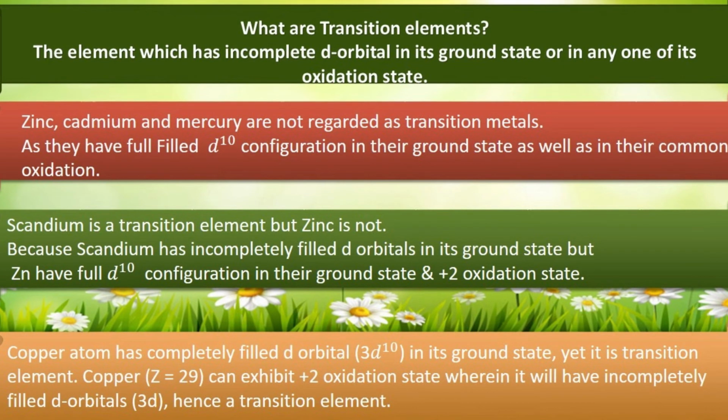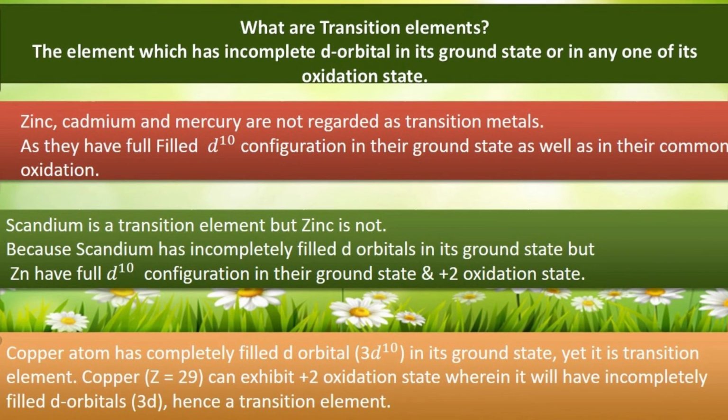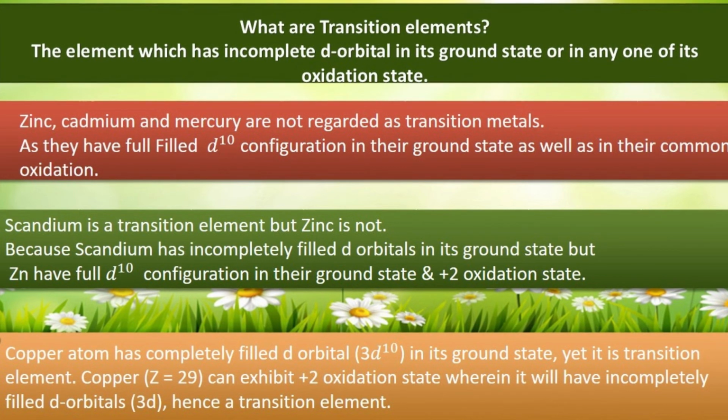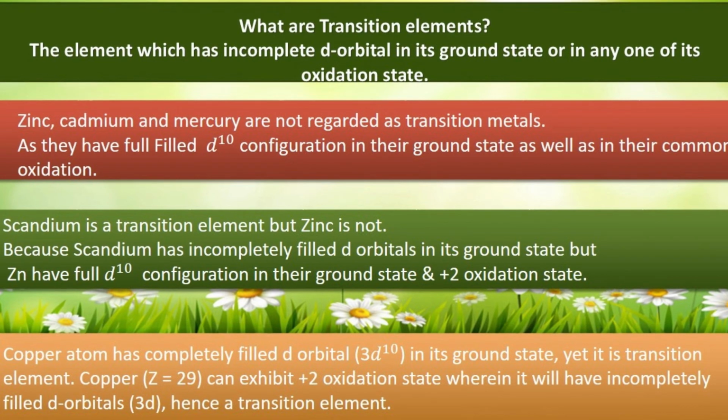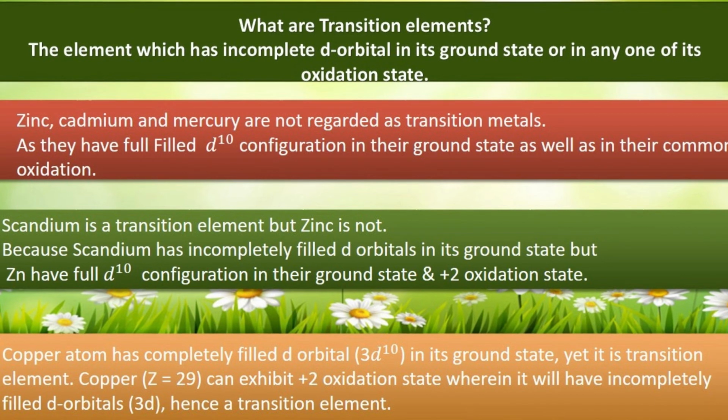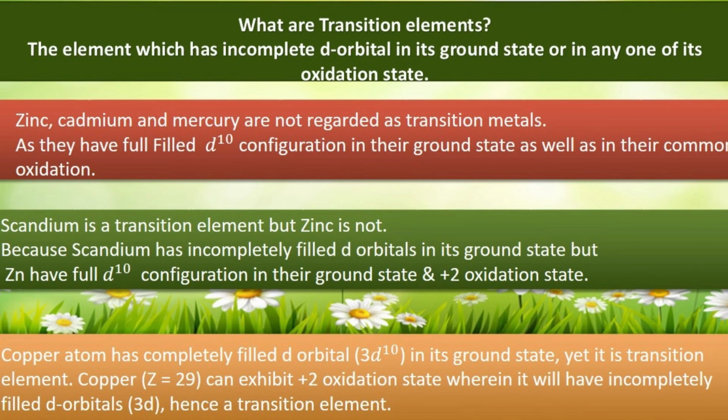The fourth reasoning question that can be asked is why copper is considered a transition element though it has a completely filled 3d10 configuration in its ground state. We define a transition element as an element which has an incomplete 3d orbital in its ground state or in any one of its oxidation states.